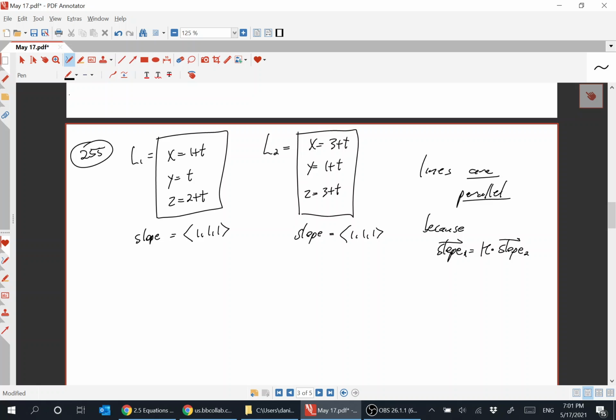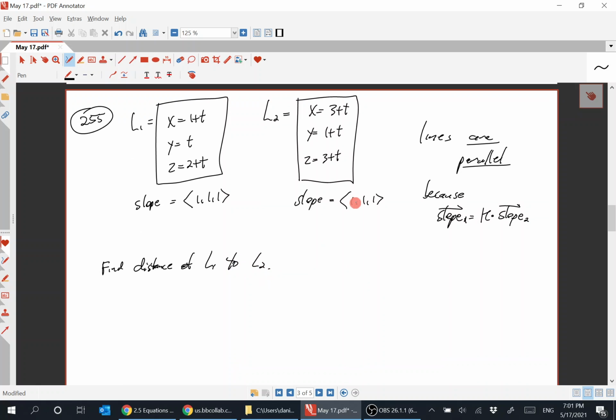All right, so find the distance of line 1 to line 2. So, how would we do that? Well, we've got L1 here, and we'll take a point on the line.